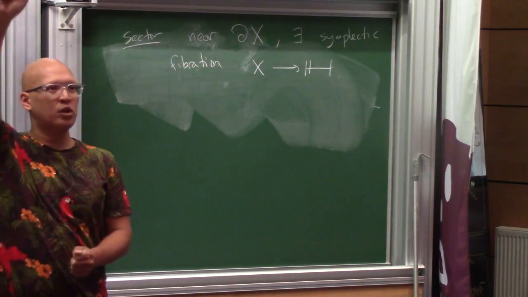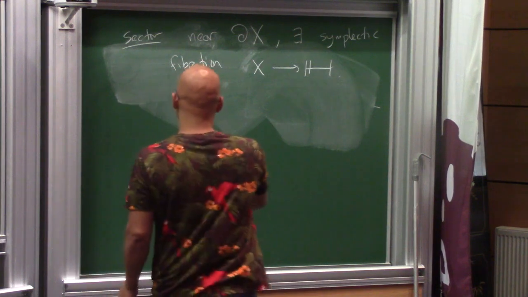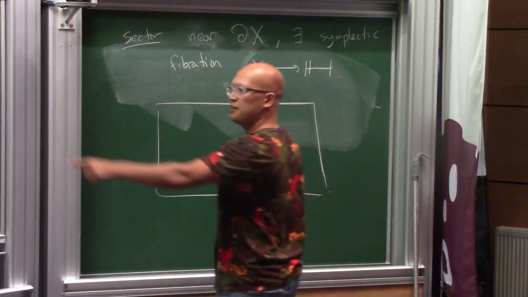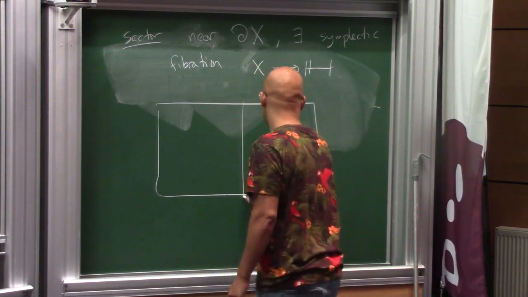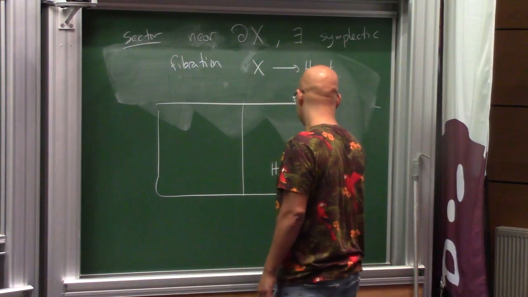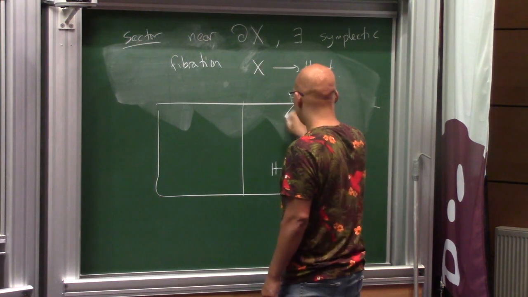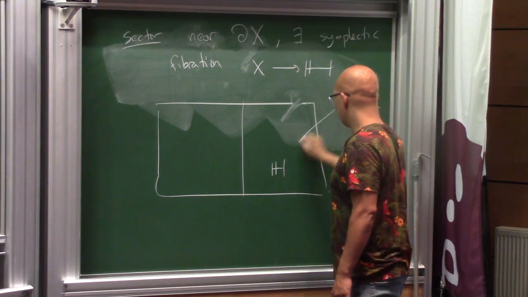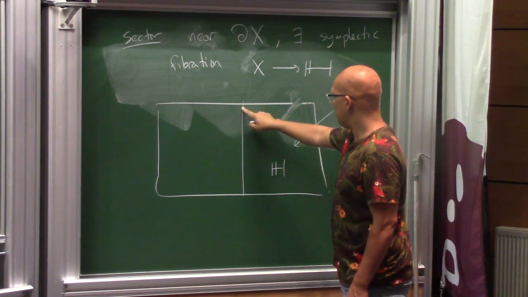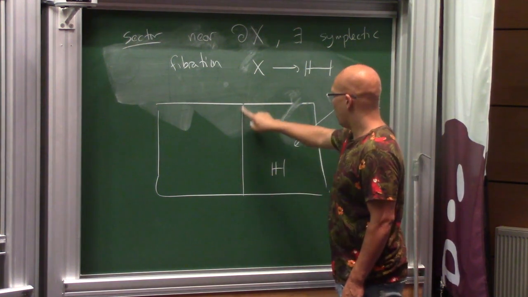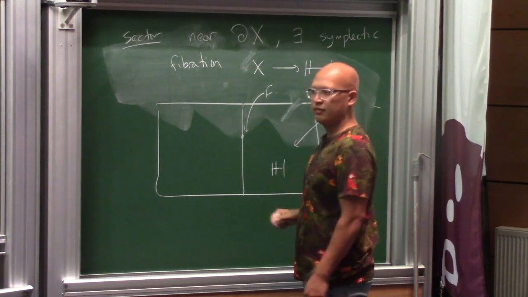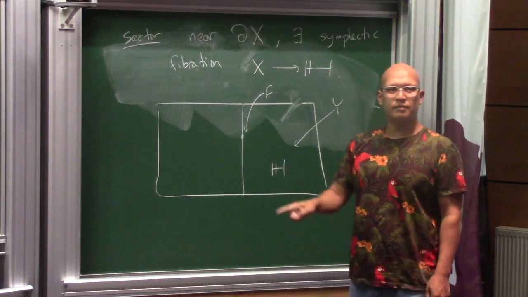And then the boundary goes over the half plane. Okay, so let's draw that picture for the subsector Y of X. So here is the half plane, and Y is fibering over the half plane. And the fiber of the fibration over this line, the fiber over here, is F. That's what that F is.